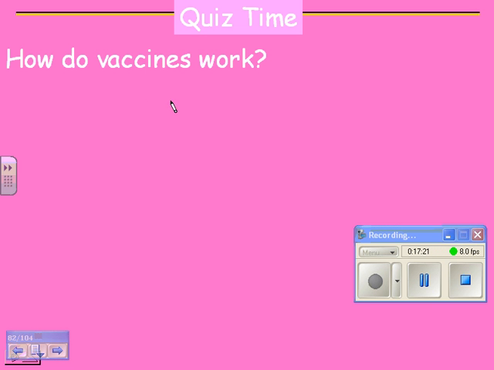So what you do is you take a pathogen that could normally make you very sick, and you kill it, or you weaken it. To weaken it, you might run it through animals like rabbits or something. You might take part of a pathogen, so you might kill the pathogen and take little bits of it, or somehow weaken it.